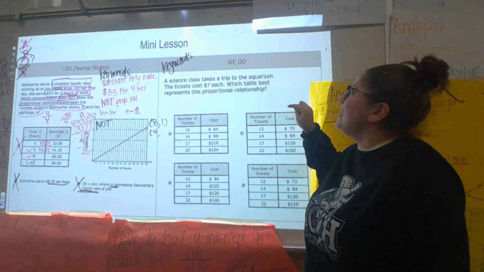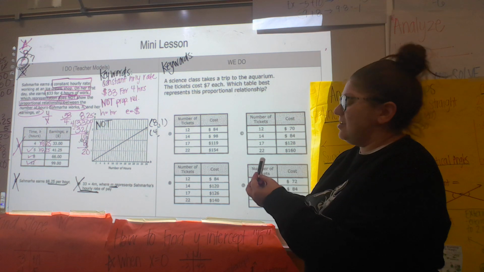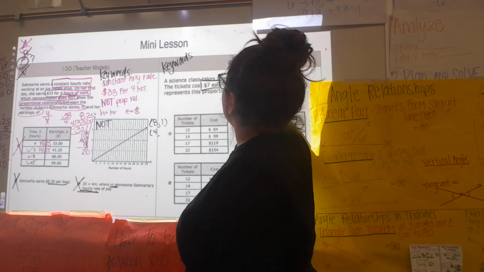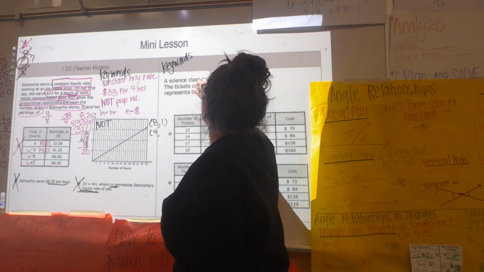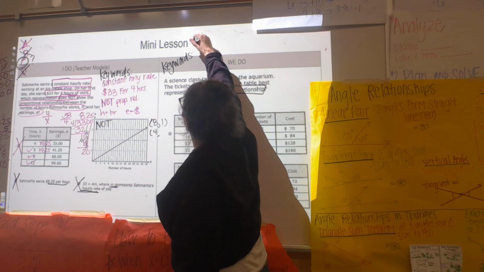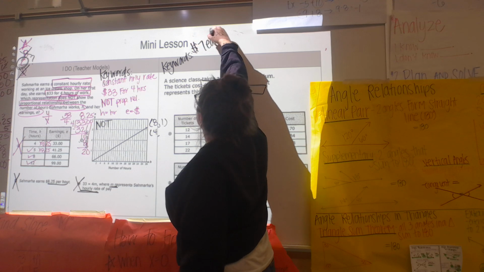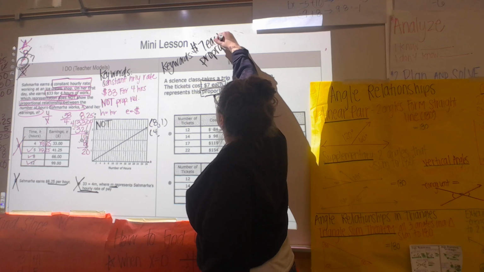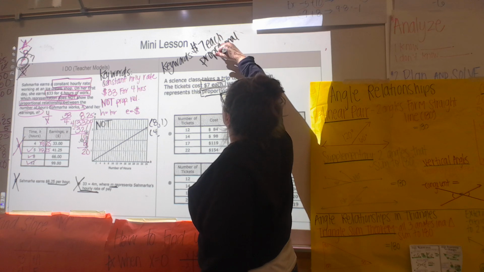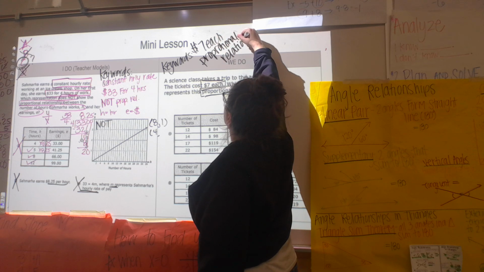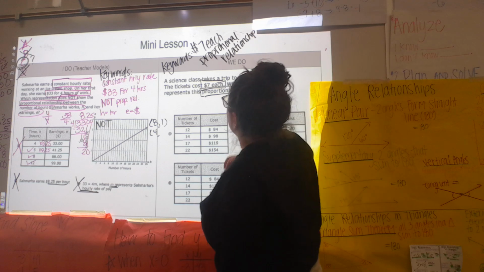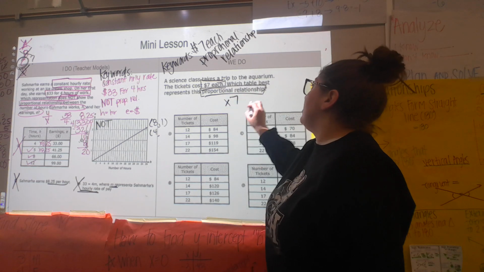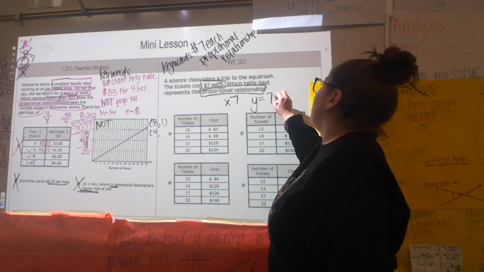A science class takes a trip to the aquarium. The ticket costs $7 each. Which table best represents the proportional relationship? So in my keywords, I know I need $7 each, and I want proportional. So $7 each, I know I'm going to be multiplying by 7. That's saying y equals 7x.